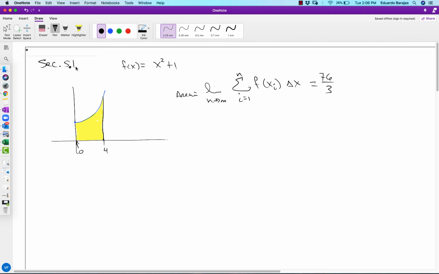And so now in this section, 5.2, we discovered that this is exactly equal to the notation, the integral from 0 to 4 of the function f of x dx, where our function is x squared plus 1. So the integral from 0 to 4 of x squared plus 1 dx must be equal to 76 over 3.